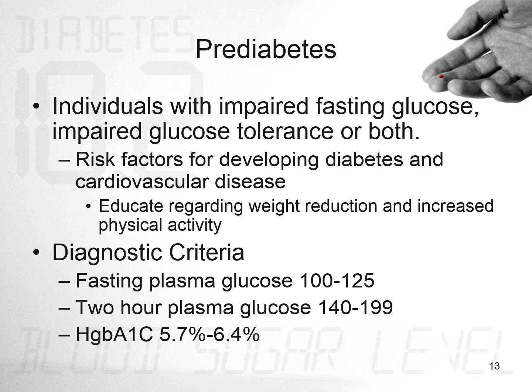Typically, you will see that those patients are obese and really inactive. The diagnostic criteria for prediabetes is a fasting plasma glucose of 100 to 125, or a 2-hour plasma glucose of 140 to 199, or a hemoglobin A1C of 5.7 to 6.4.